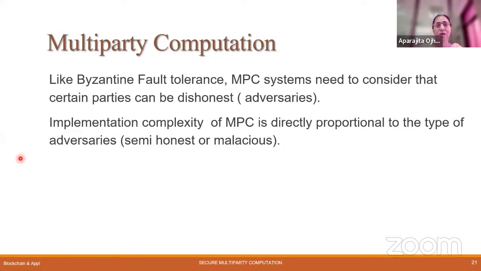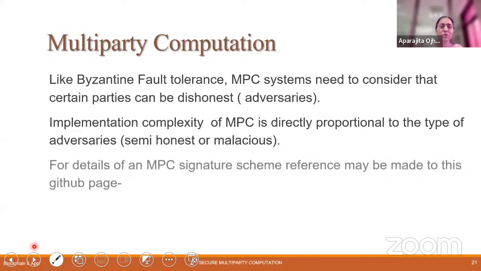They may have some incentives in terms of monetary gains or others, but they do not know that they are actually harming somebody. So these semi-honest parties are basically unintentional, curious parties who are doing it on behalf of some adversaries. Or it can be malicious also. With malicious parties, we know that they have information that they are doing wrong, but they keep on doing this.